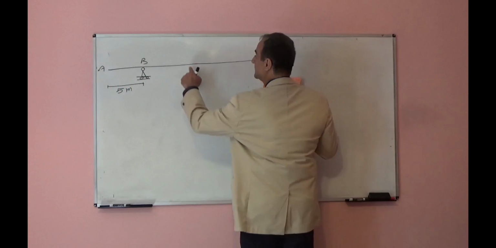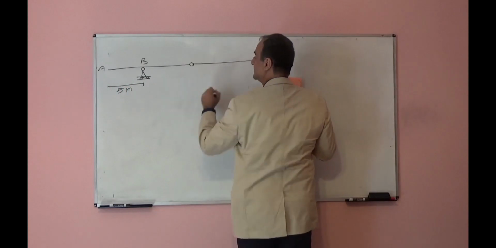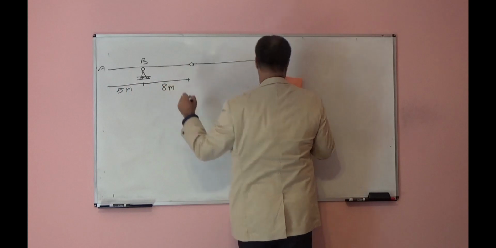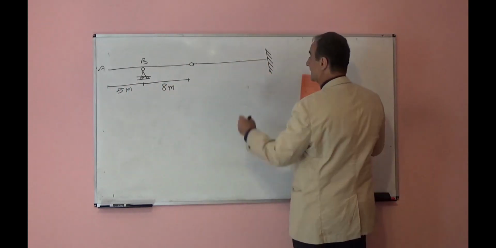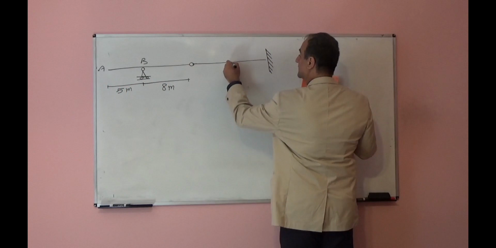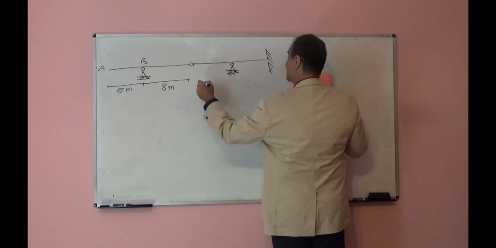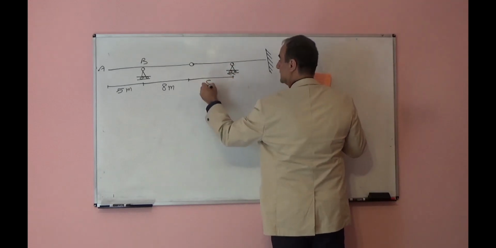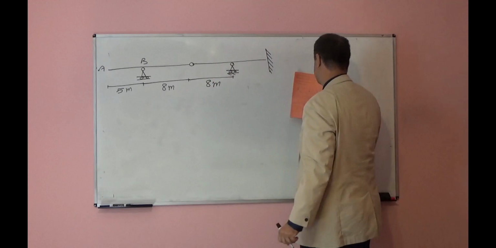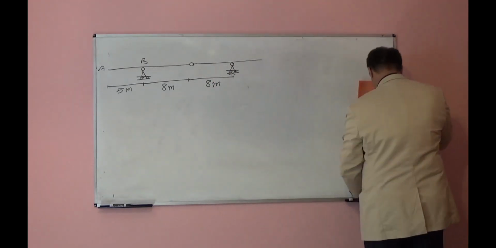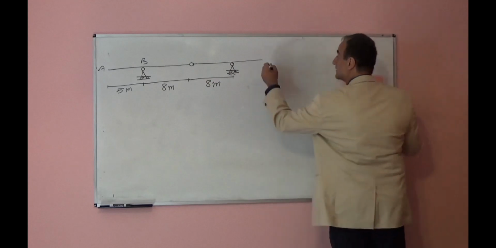Then you have a hinge here, 8 meters. You have another support here, again 8 meters. I should make this beam a little bit longer.